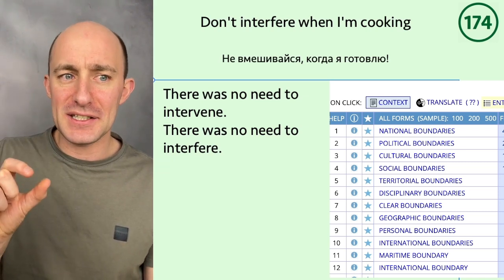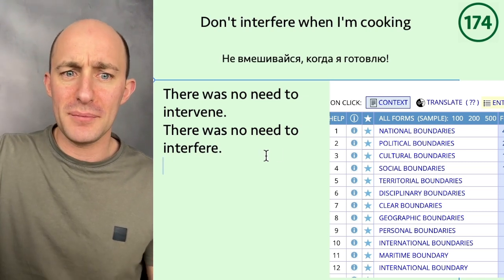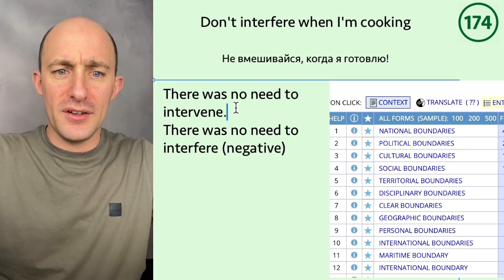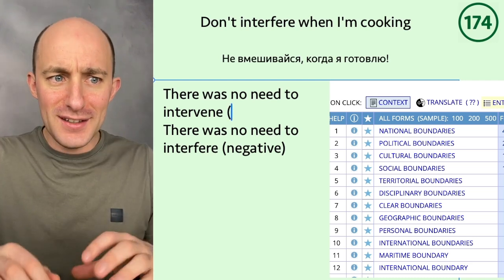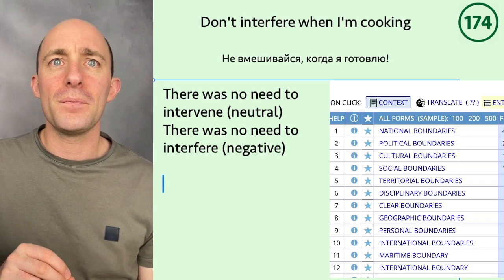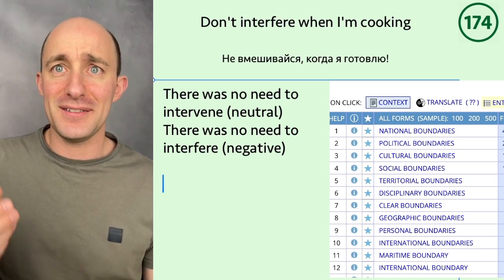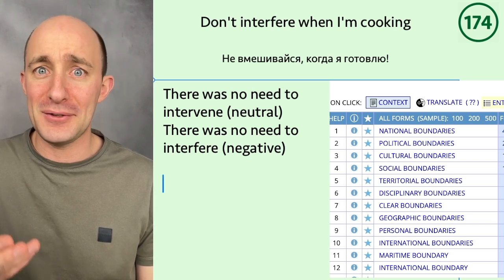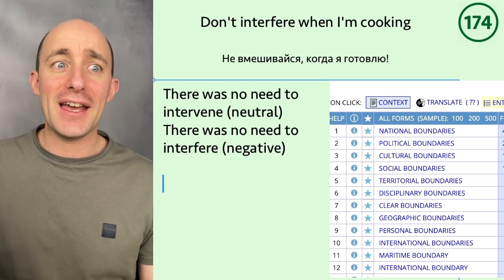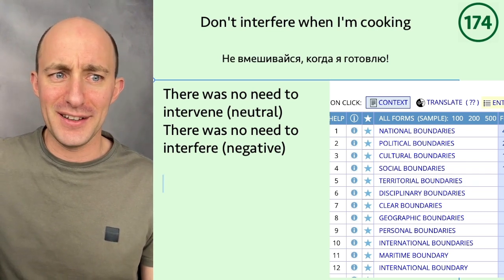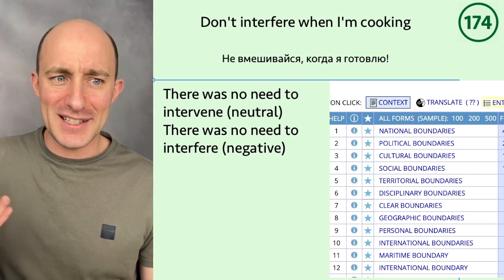The meanings of these words are very close, but interfere is always negative, whereas intervene is more neutral. So an intervention, maybe it wasn't requested, but often it was useful. Thank you for intervening. But you would never say thank you for interfering, because interfere has this negative consequence.